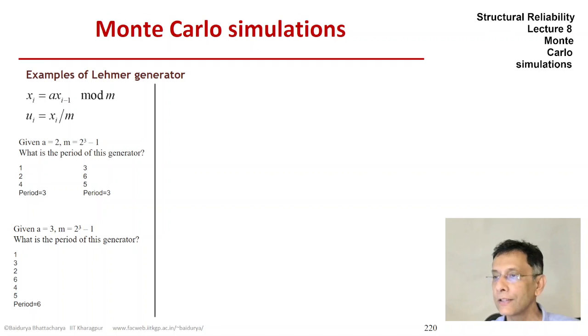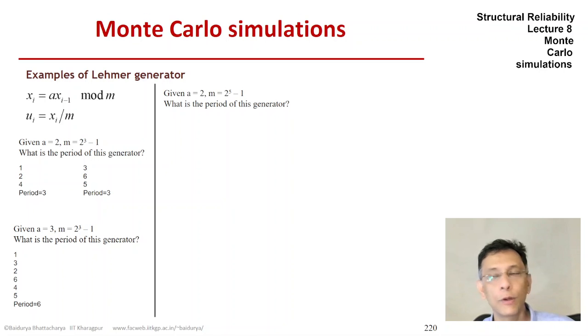Let's look at the next Mersenne prime, 2 to the power 5 minus 1, as the modulus, and if a is 2, then what would be the period of this generator? If you again want to work this out, then please pause the video.